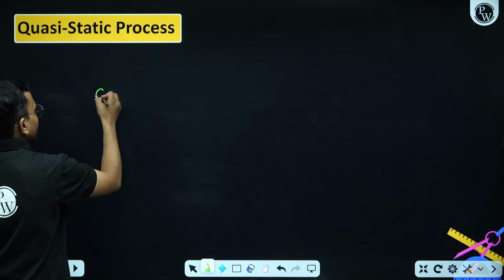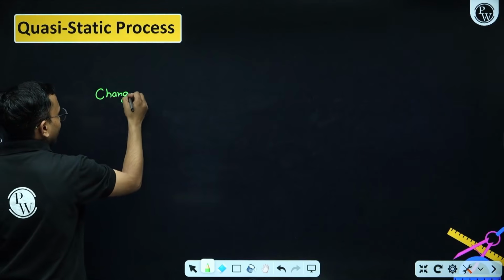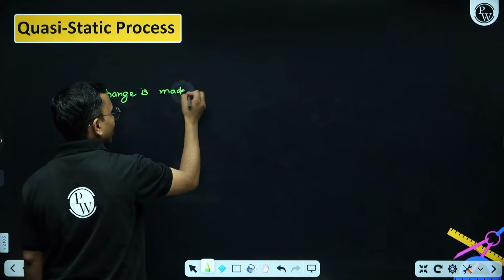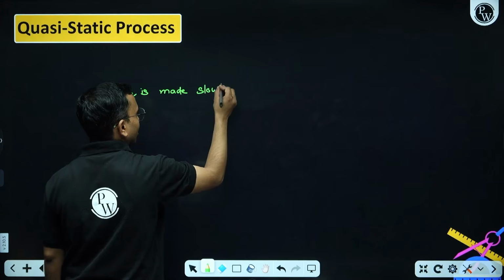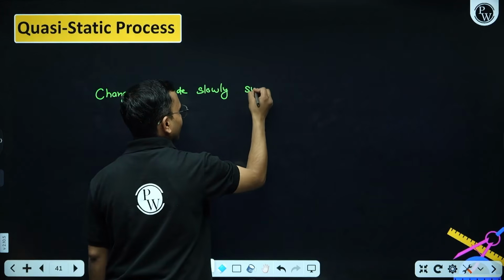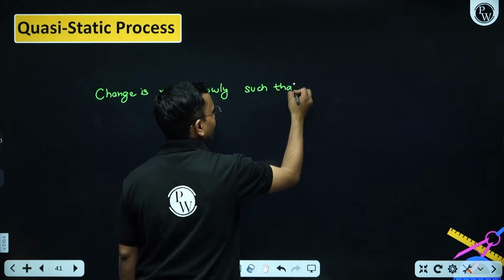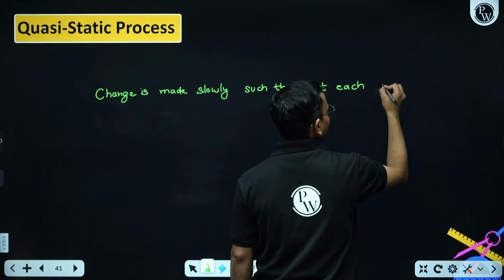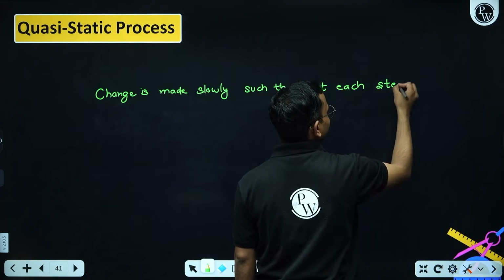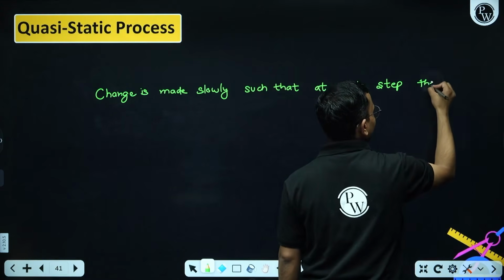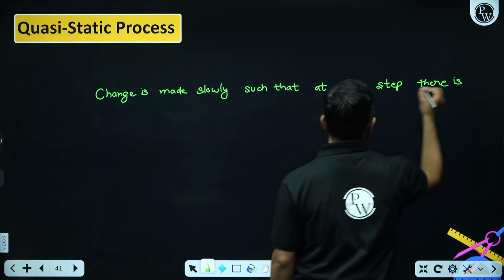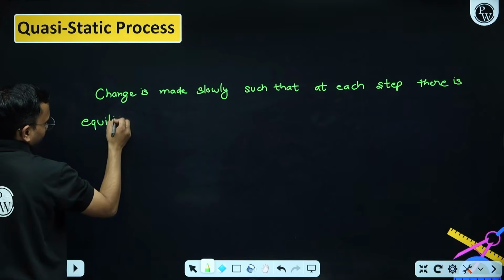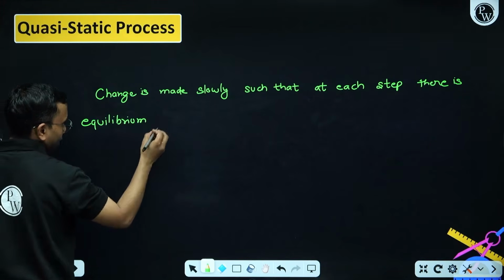So quasi-static process means the change is made slowly such that at each step of the process there is equilibrium. What does it mean?